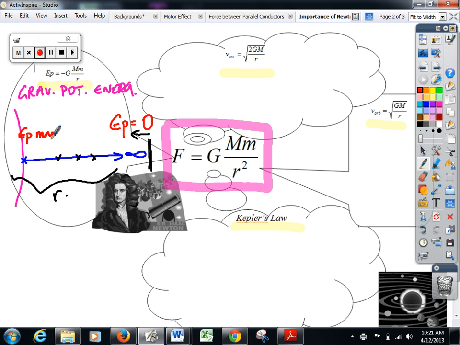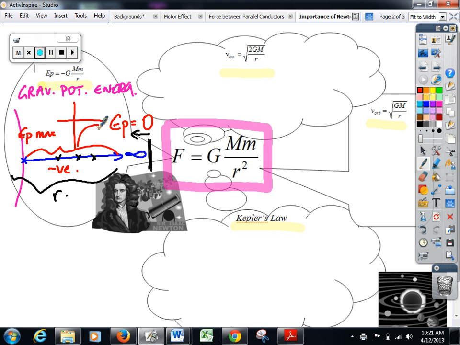This means that all of the values of EP between the surface of the planet and the infinite distance away would have to be negative for it to grow to 0 from being the maximum value in the negative direction. And we know that it has a shape like that. So that's a quick summary of the way that we looked at EP to begin with.